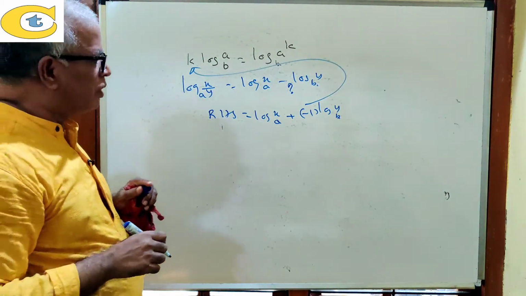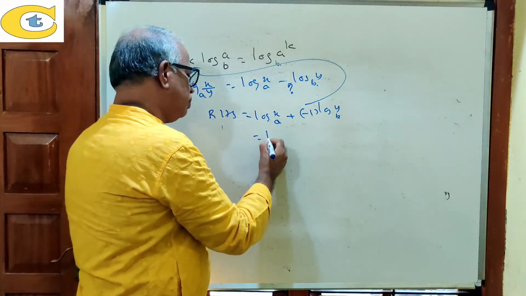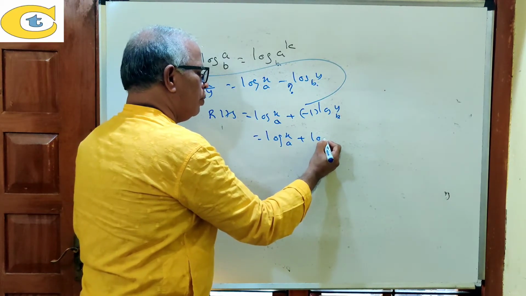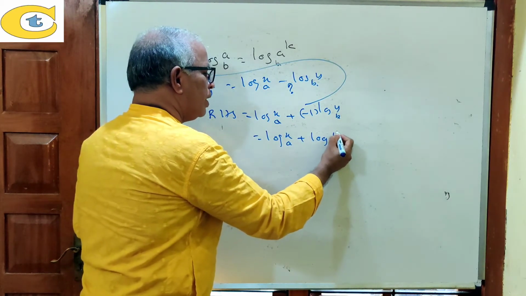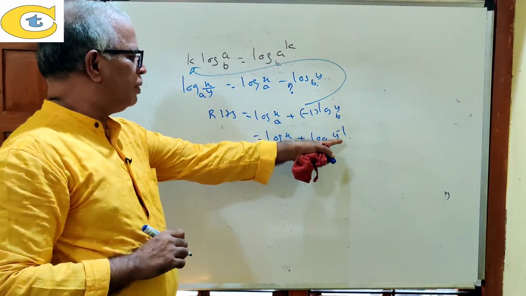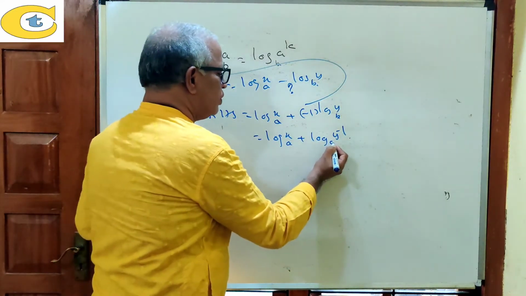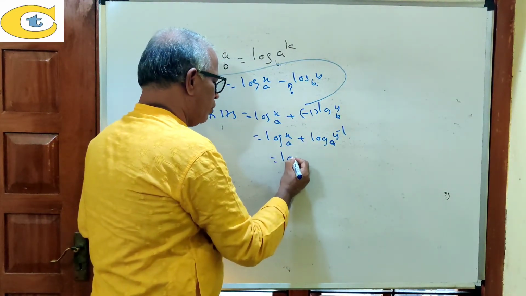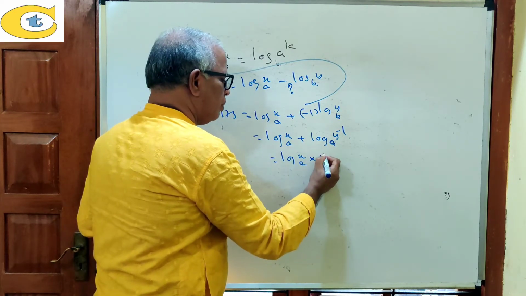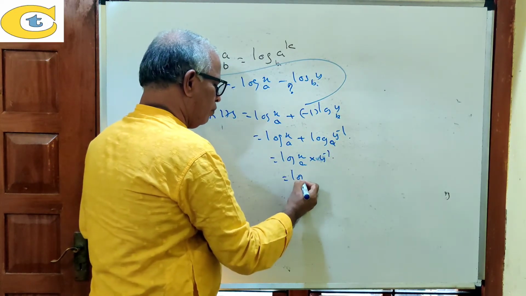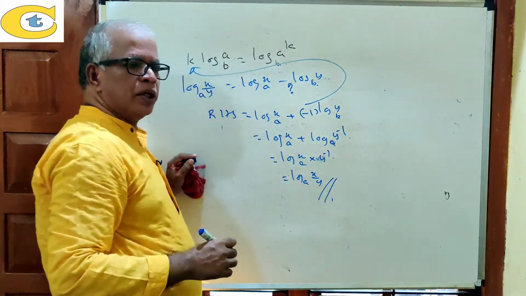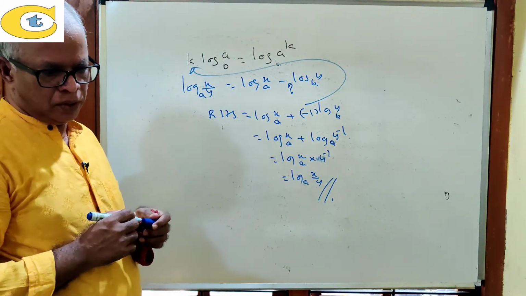So what will happen? This becomes logarithm of y raised to minus 1 to the base a. This minus 1 came here, y raised to minus 1. Base is a. So logarithm of x by y to the base a. This came down this way also. Right?